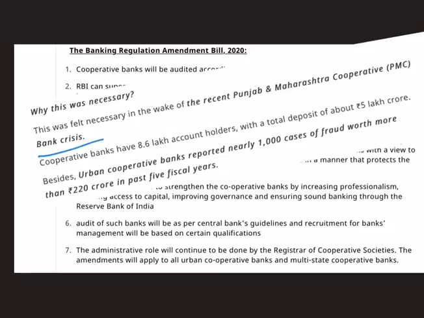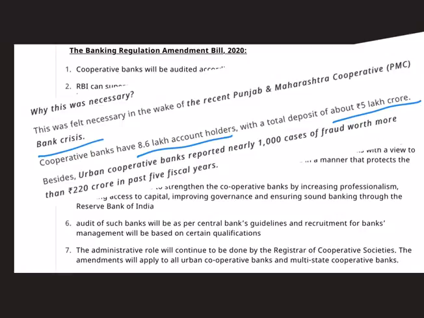So the first reason is that to prevent any such crisis in future, it was felt necessary to bring these urban cooperative banks under the supervision and regulation of the Reserve Bank of India. And in recent years, these urban cooperative banks have become very significant. Nearly 1,500 urban cooperative banks across the country have 8.6 lakh account holders with a total deposit of about 5 lakh crore rupees.